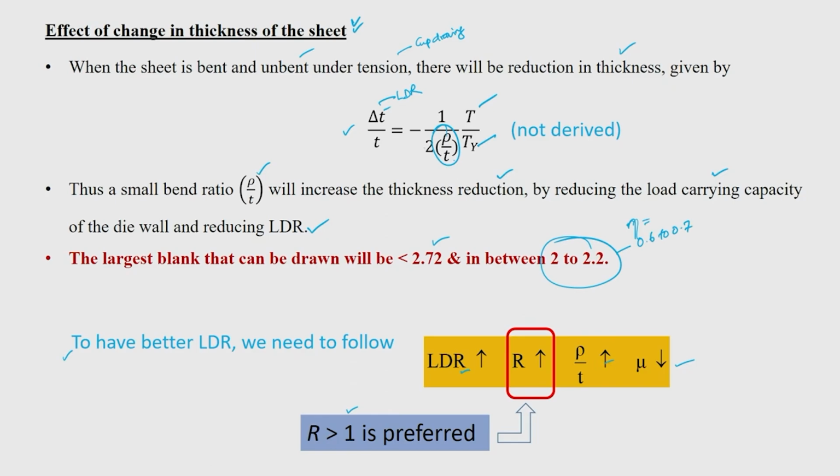If rho by T is larger, delta T would be less, which means you will have a better LDR. And mu has to come down, the coefficient of friction has to come down. That means you have to put appropriate lubrication to improve the LDR. So these are some of the important thumb rules we can get. Okay. So we stop here, we will discuss it further.